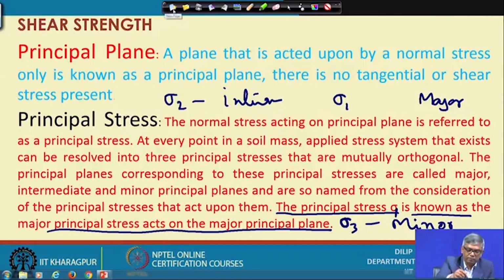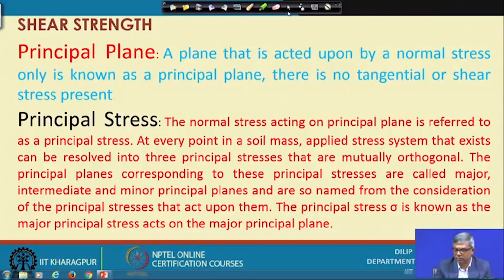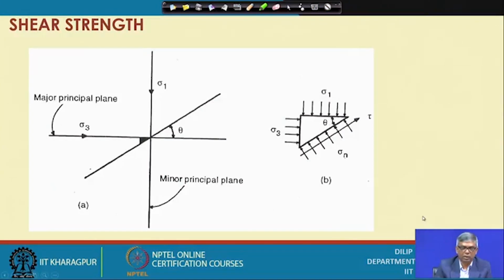Next, you can see this one. This is the plane, and sigma 1 is the major principal stress, with this being its direction. The major principal plane must be perpendicular to that. So if this is the major principal stress, then this will be the major principal plane.